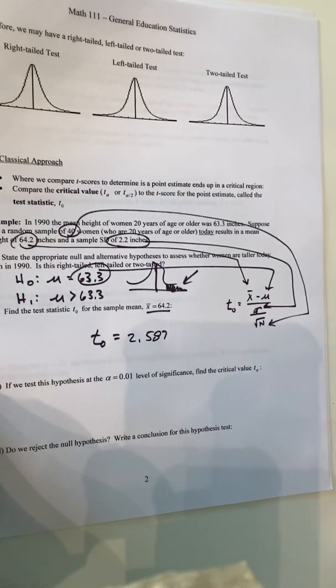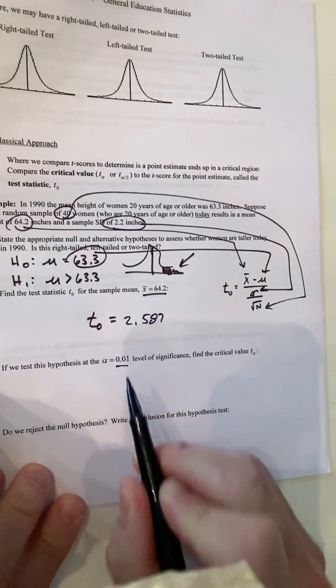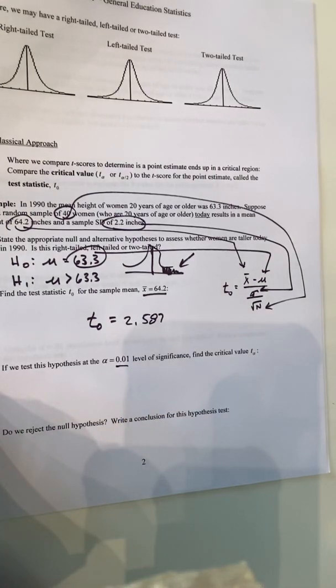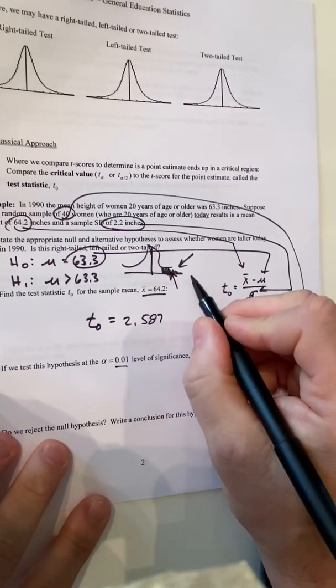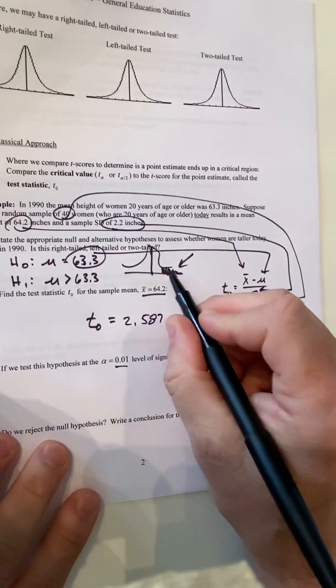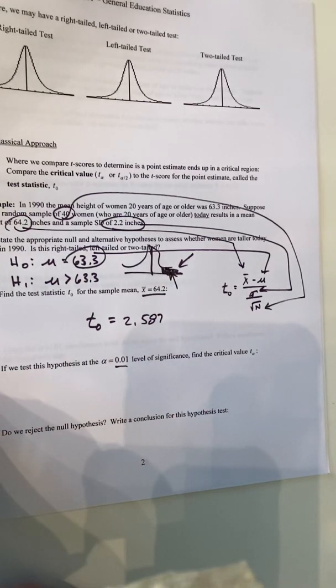Part B. If we test this hypothesis at a 99% level of significance, find the critical value for this problem. So the right-tailed area has to be 1% of the data underneath this normally distributed curve.